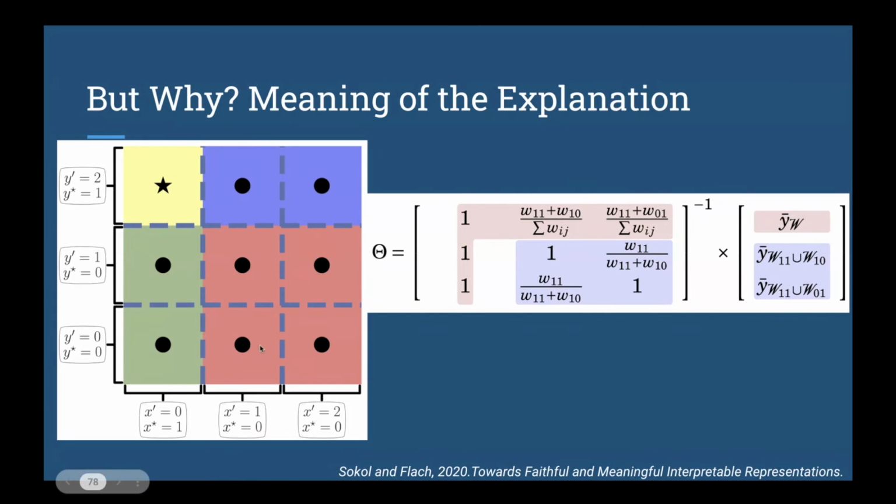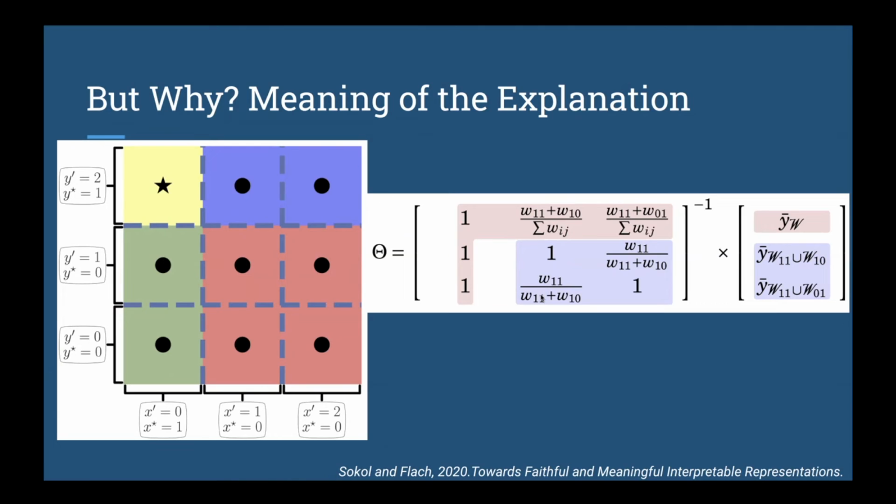As I said earlier, just to clarify, here is a fictional depiction of tabular data split into 3 regions on each axis. We are explaining the region with the star. So again, this would be encoded as 1, 1.